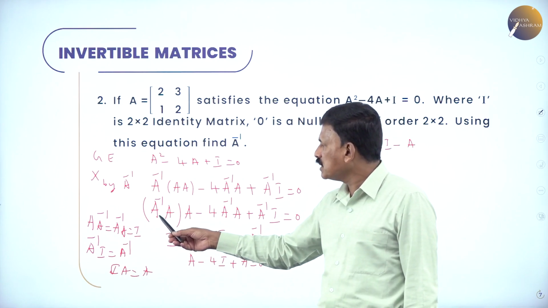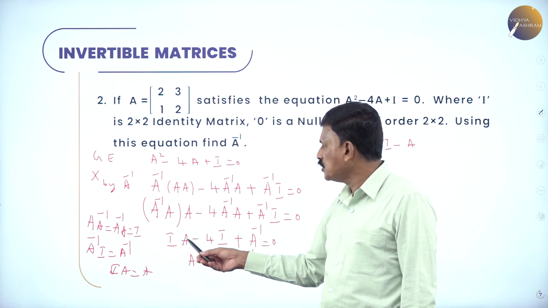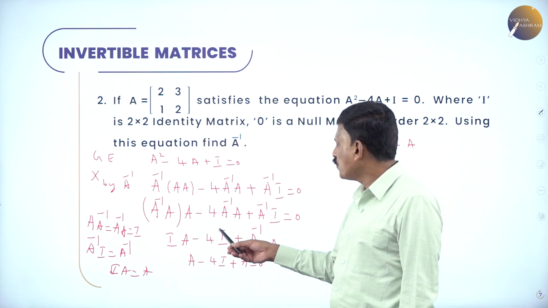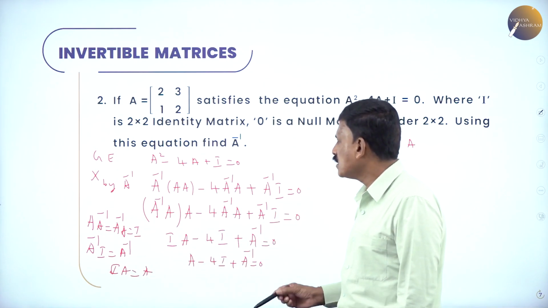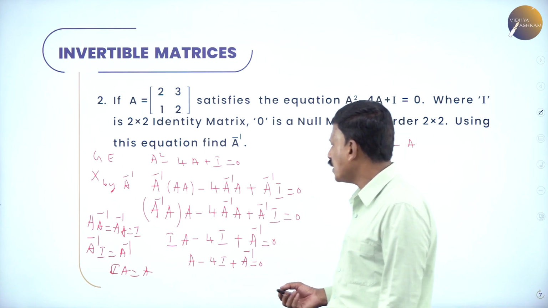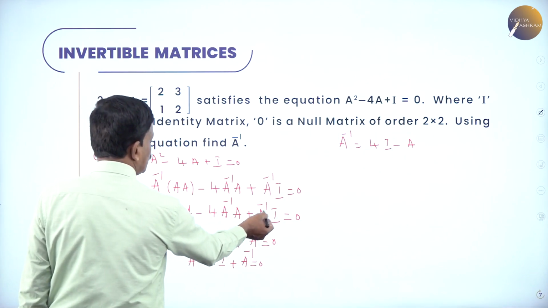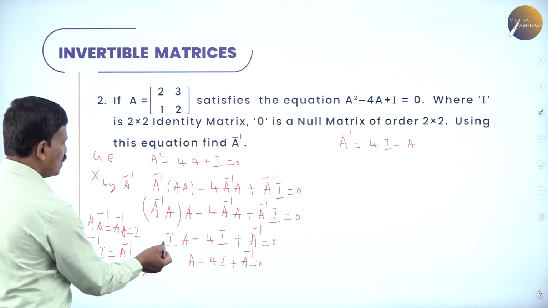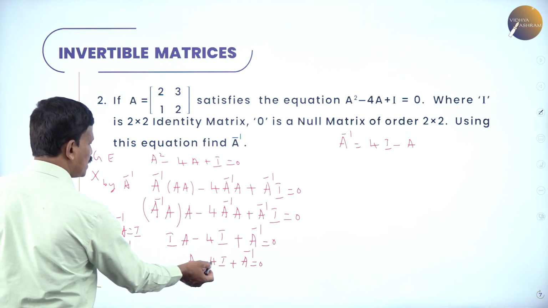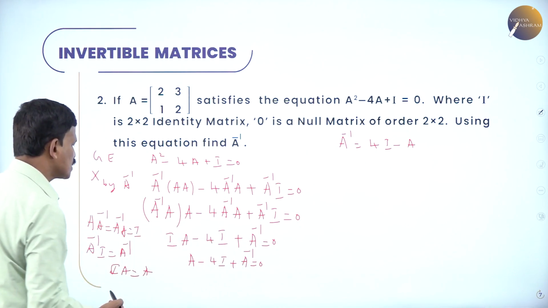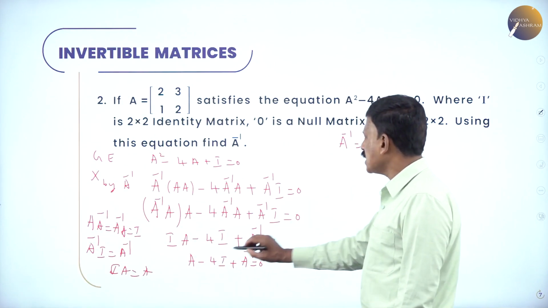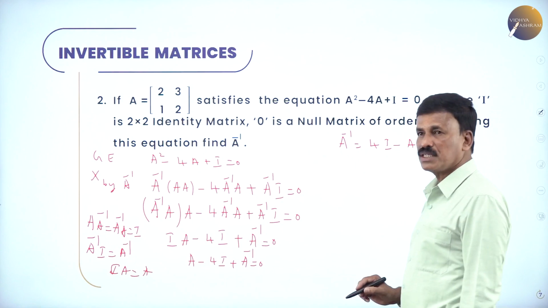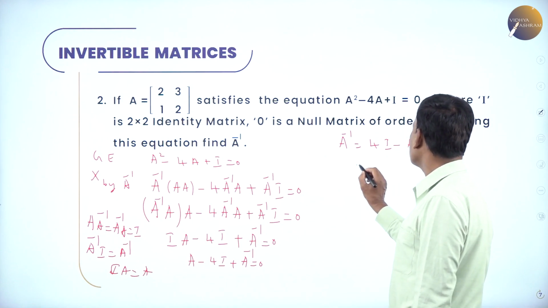Since you know the property, A inverse into A is I, A minus 4I plus A inverse is equal to 0. Therefore, keep A inverse here and transfer: minus 4I becomes plus 4I and plus A becomes minus A. Now substitute the values.